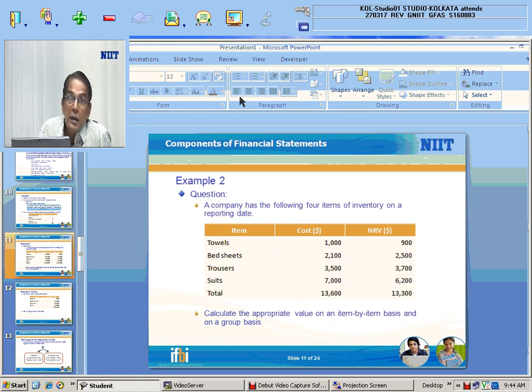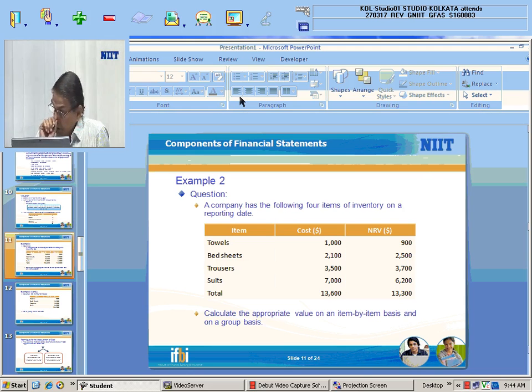So for towels it will be 900. For bed sheets, the cost is 2,100 and the NRV is 2,500. Again you have to take the lower of the two, so for bed sheets it will be 2,100.